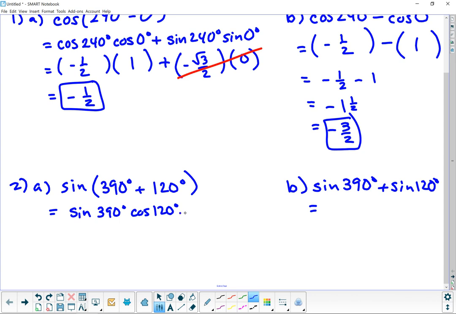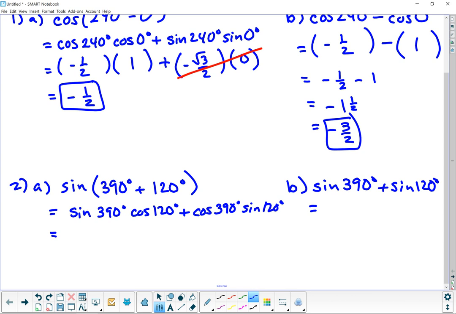And then for the sine, it's going to be adding because it's a sum formula. We use the addition. If you look back at your notes, and then it's going to be cosine 390 and sine 120. And you're going to go ahead and figure out the values for each of these.